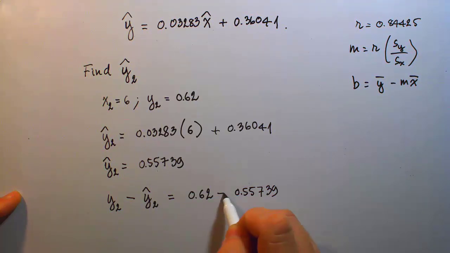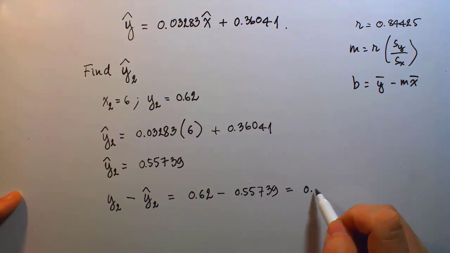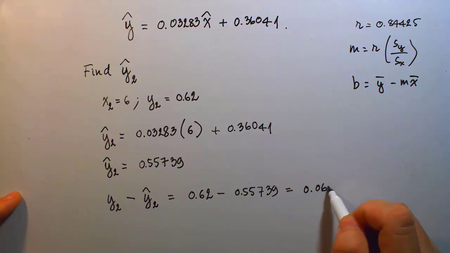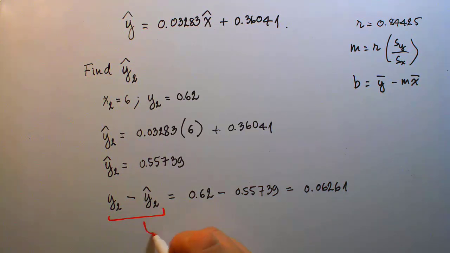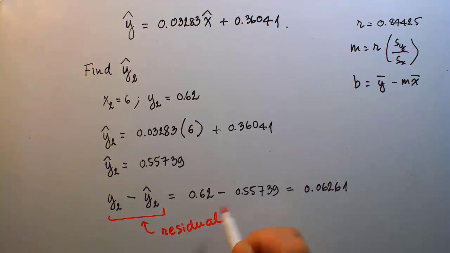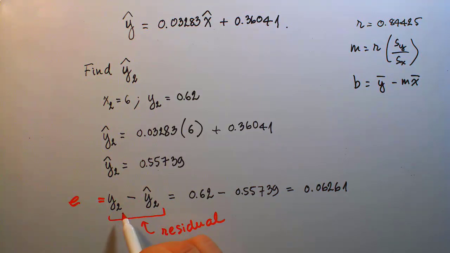The subtraction happens in that order, and so what we're looking at here is the value positive 0.06261. And so once again, what we call this is another residual. Yes, it's another lowercase e value, but it happens on entry number 2, data pair 2, so it's e2.